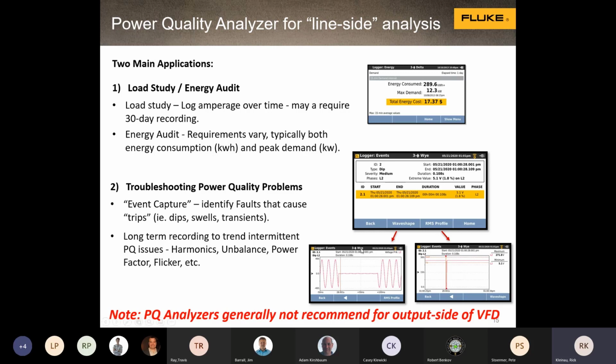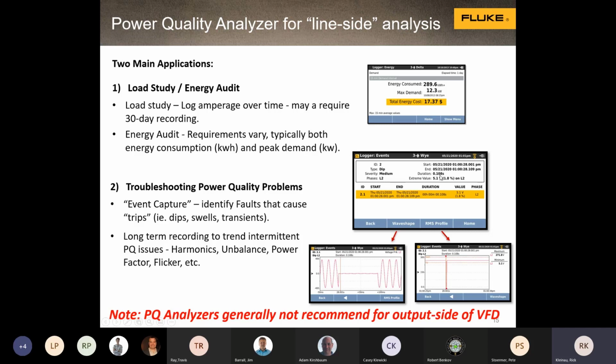Here's a pretty typical example of a voltage dip. You look at the right. The logger had been running probably not long. I think I did this on a demo board. But while we were logging volts, amps, hertz, power factor, all that stuff, the voltage dropped. And if you look at the event report here, the event table, we had a dip and it lasted 108 milliseconds, 0.108 seconds.